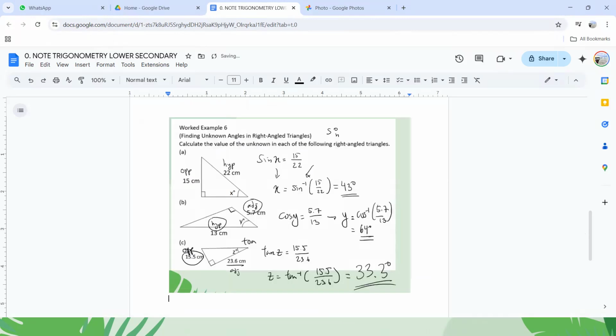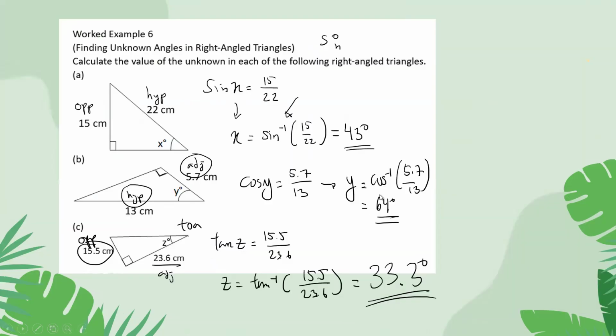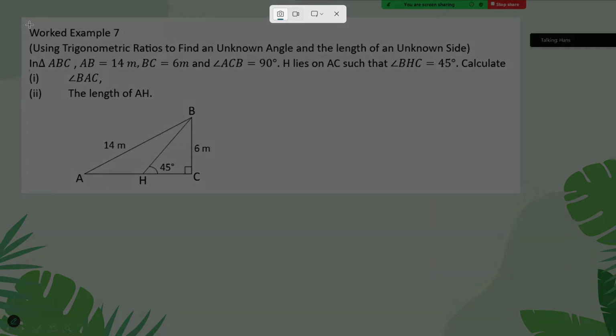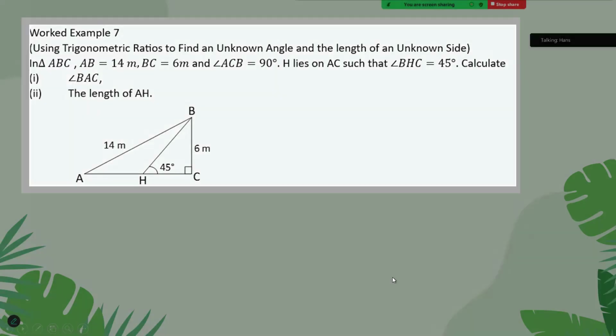Okay. Next, go here. In this word problem, you need to do it super detailed and slow. Don't be too fast.